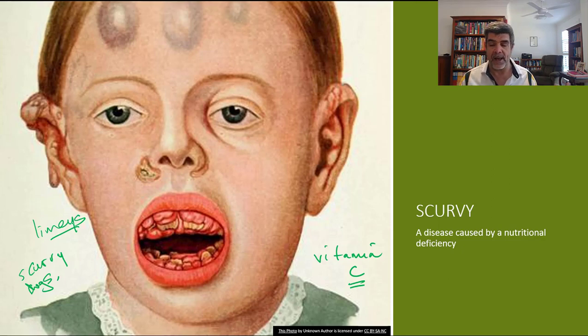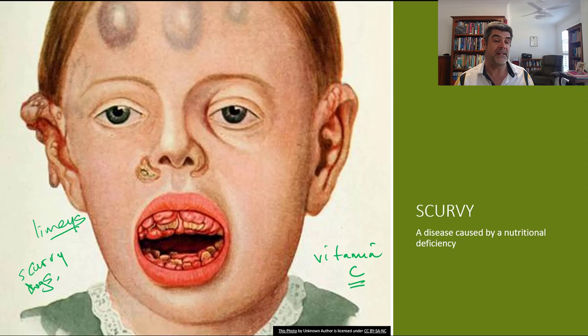Obviously, going away on boats or ships for long periods of time without refrigeration, without access to any mechanism of being able to keep fruit fresh, meant that there had to be other things stored and kept for food, and so therefore there was some significant deficiencies in the diet of a lot of these sailors.